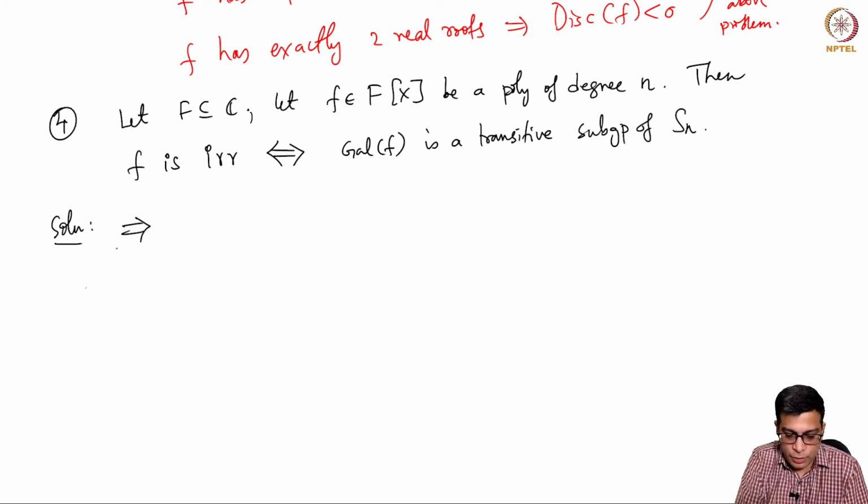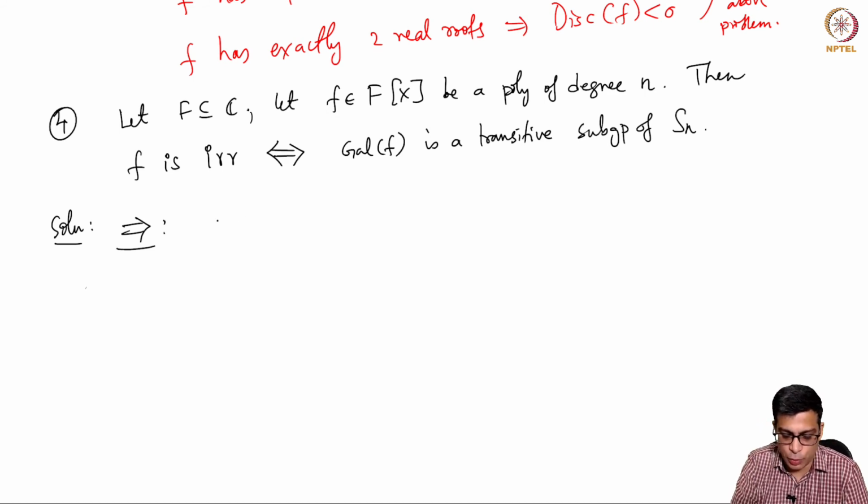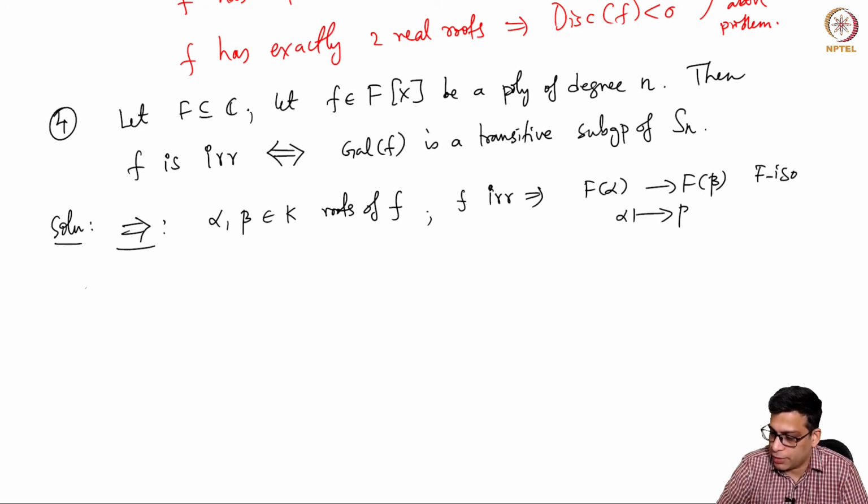So I don't want to spend too much time proving this because we have essentially proved this. If alpha and beta are two roots of f, K of course a splitting field, then f irreducible implies there is an isomorphism from F(alpha) to F(beta) sending alpha to beta.